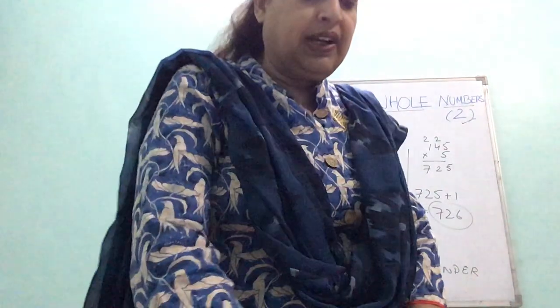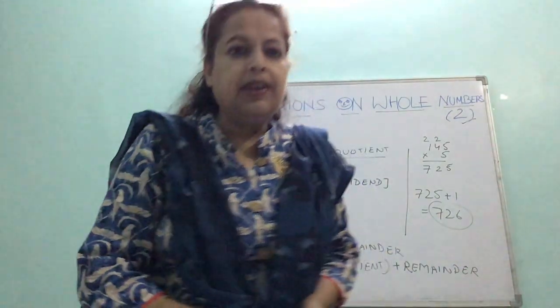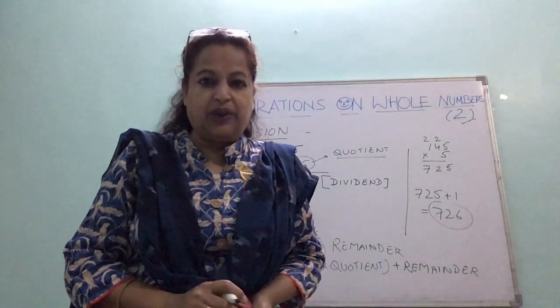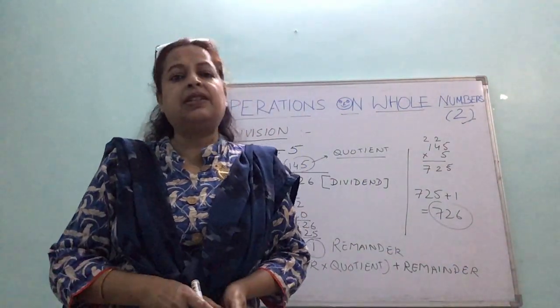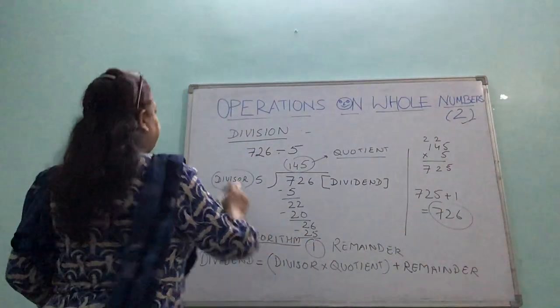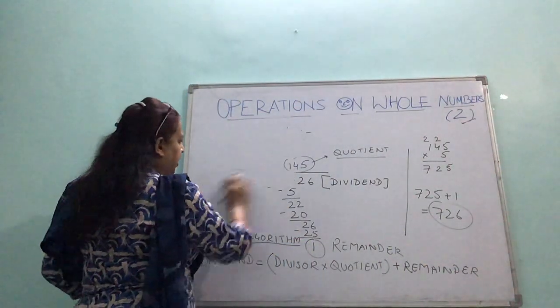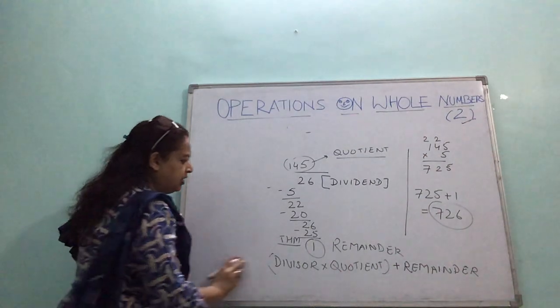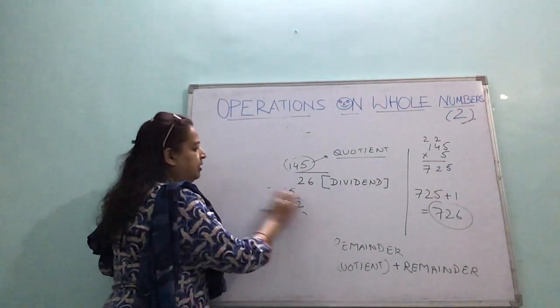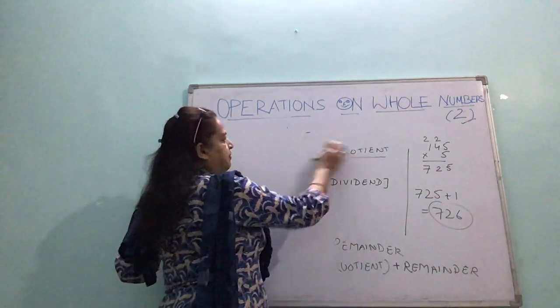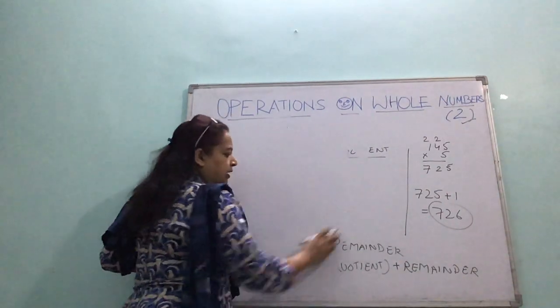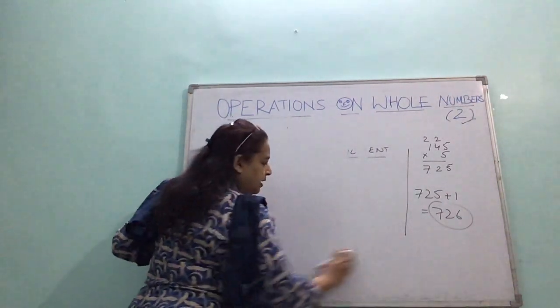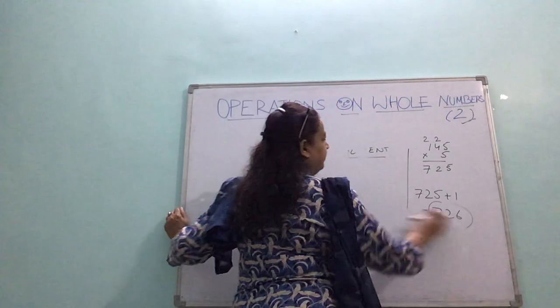So I have discussed all the properties, and now I am going to start with the exercise, exercise 2A. It's the first exercise on whole numbers. Wherever you have confusion, children, about the theoretical part, what I have discussed in my first video until now, you can always see that first. Then you will not have any doubts.